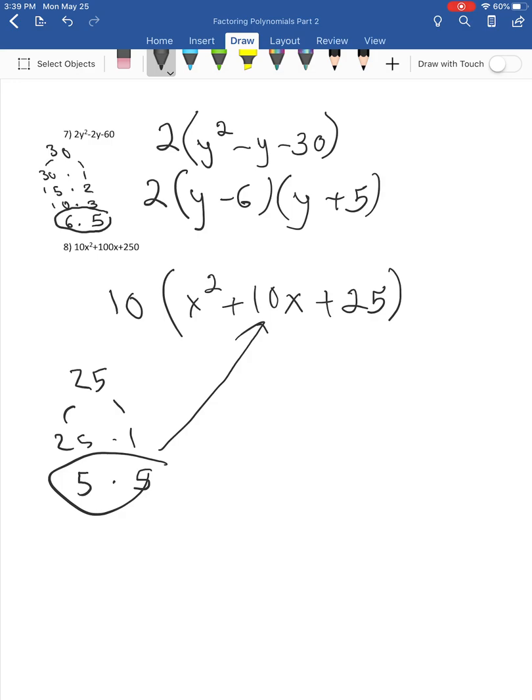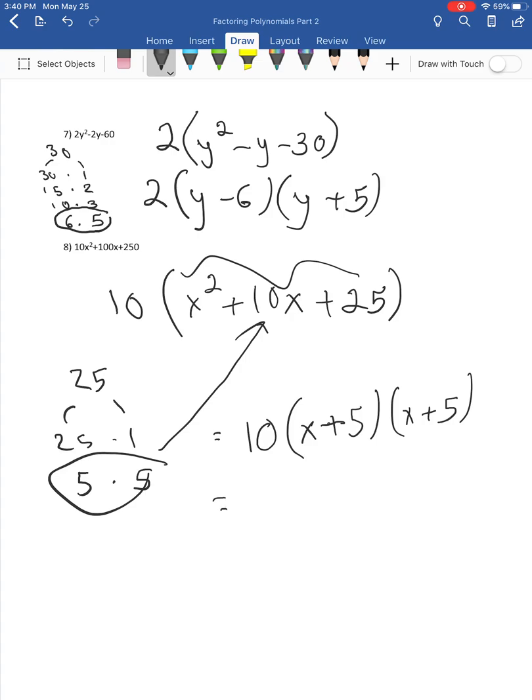Which is going to add to the 10 and multiply to the 25. So this is going to be 10 times x plus 5 times x plus 5. Everything's positive in here, so these signs are all going to be positive, okay? Another way to write this is 10 times x plus 5 squared, okay?